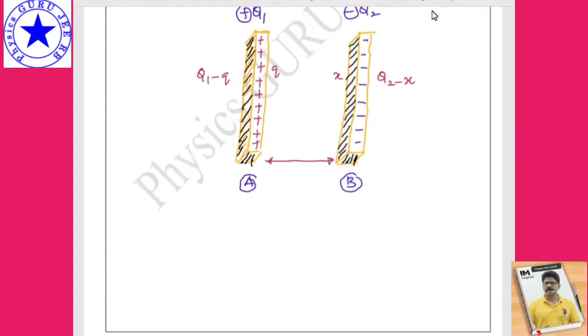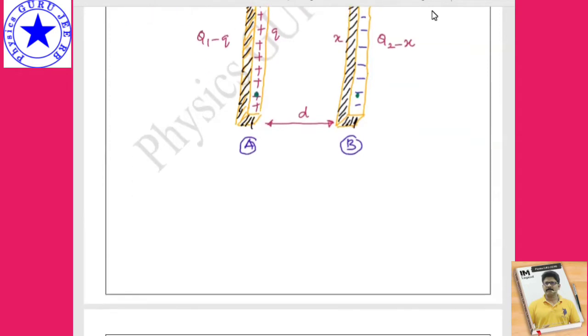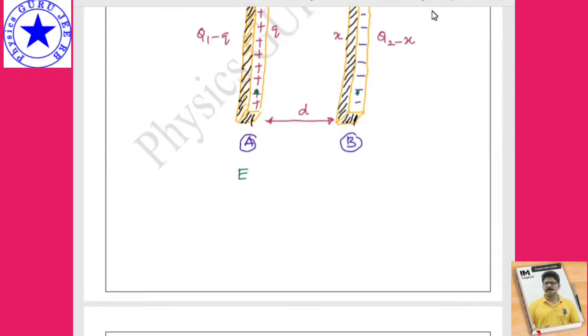Now carefully observe. First I'm going to calculate inside the plates. Inside is nothing but a conductor, so inside both plates we have EA and EB. EA is the electric field intensity inside the plate, which equals 0. Why?